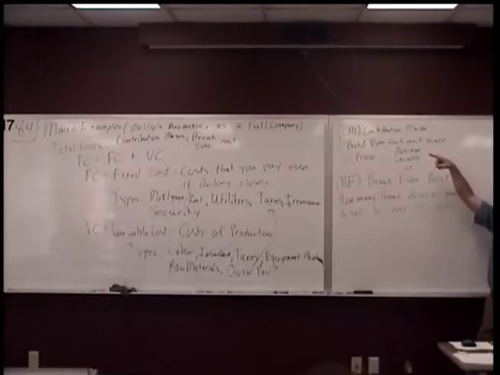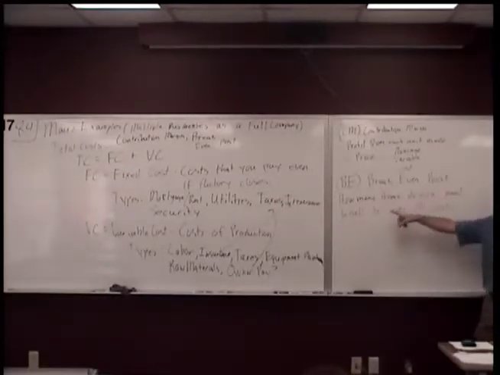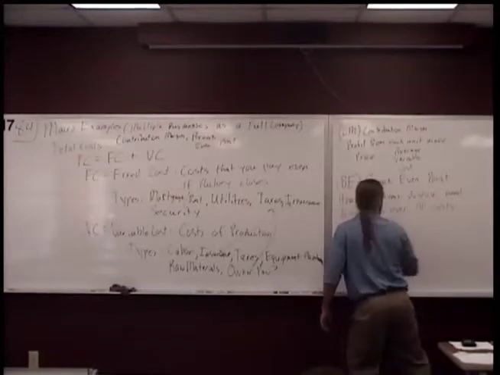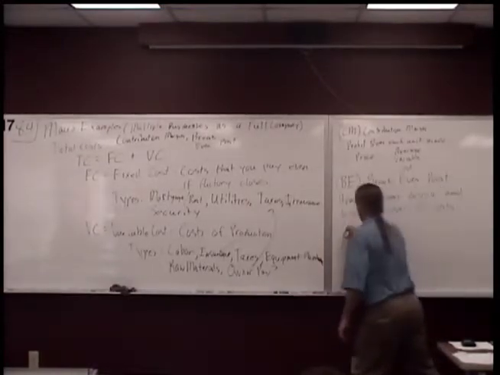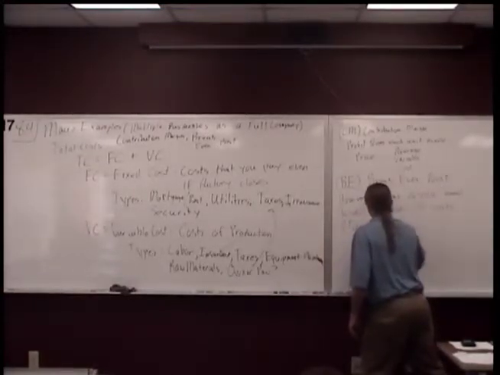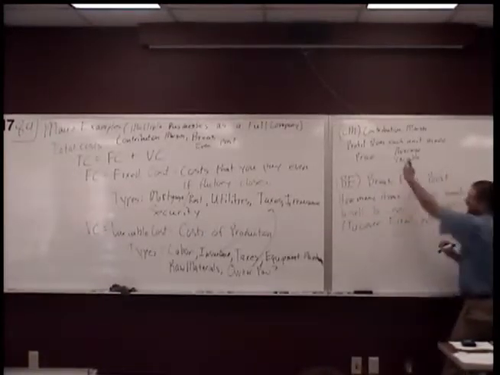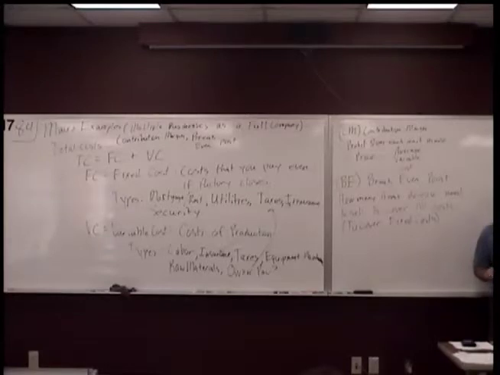Our fixed costs. So the break-even point is how many items do I need to sell so that I pay all of my fixed costs. Because remember, the contribution margin covers all of the variable costs, right?